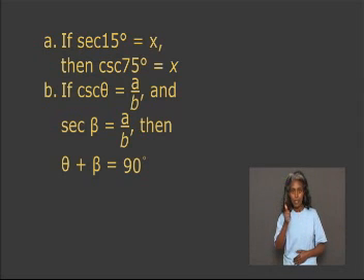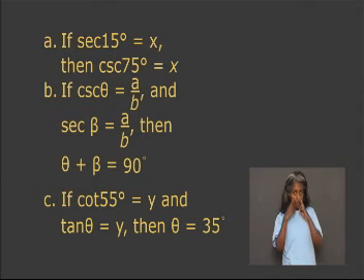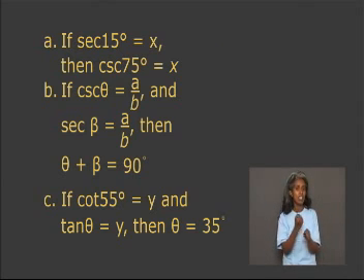Theta plus beta equals 90 degrees. Our third question asked the value of the angle if the cotangent of 55 degrees had the same value as the tangent of the angle. The answer is 35 degrees.